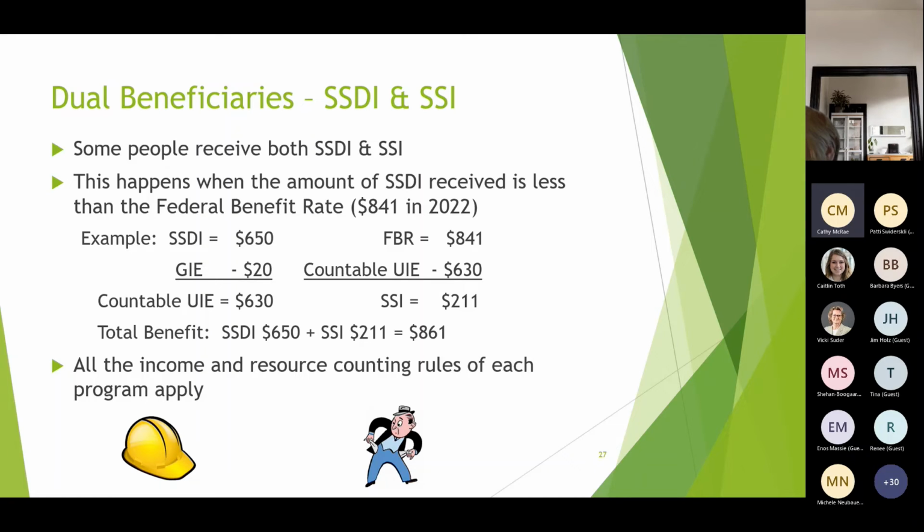So this person is getting SSDI for $650, SSI for $211 for a total benefit of $861. All of the income counting and resource counting rules for both of the programs have to be applied to this person moving forward. So we have to consider all of those rules and policies as we go forward with advising this individual. Next slide, please.